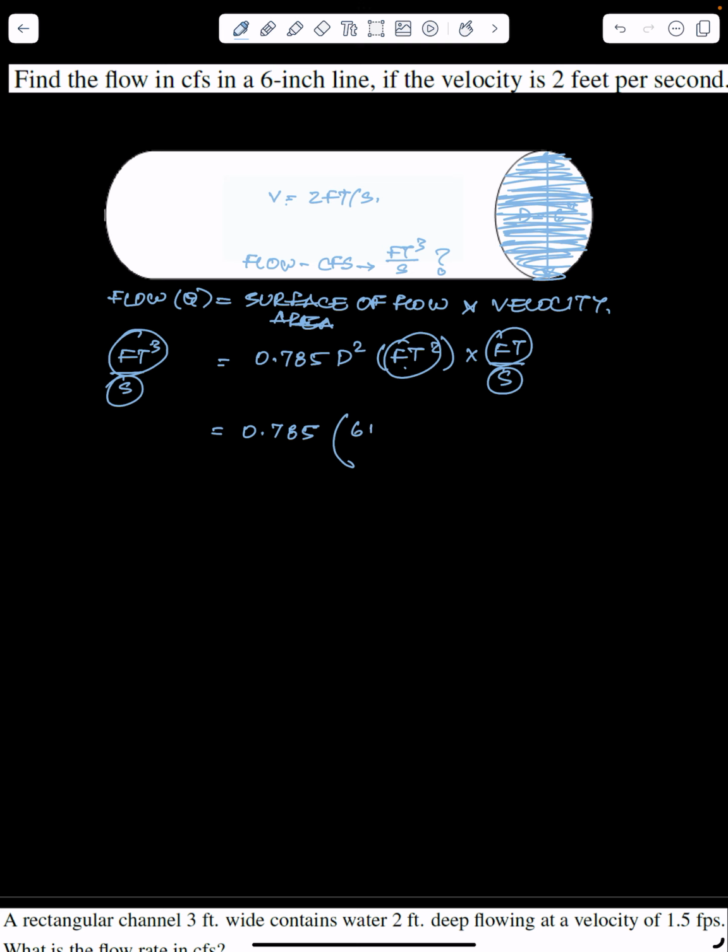So 6 inches, and the conversion that you're going to use is 12 inches to a foot. And the diameter is squared. So basically the inches cancel out and you get (6/12) feet squared, and the velocity which is given, 2 feet per second, and this value works out to 0.4 cubic feet per second. That's the answer.